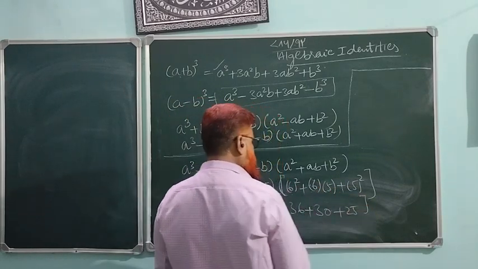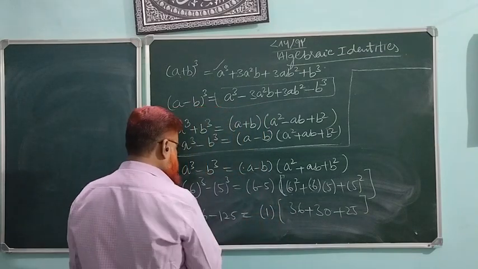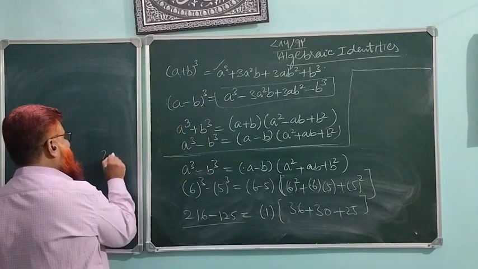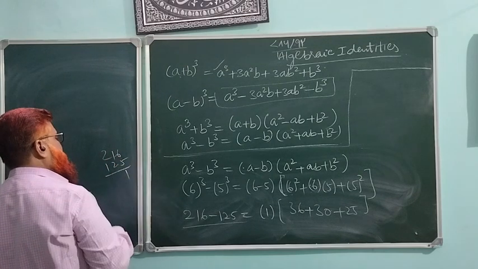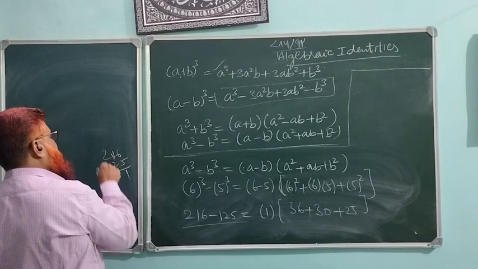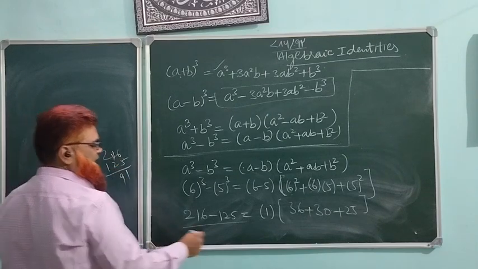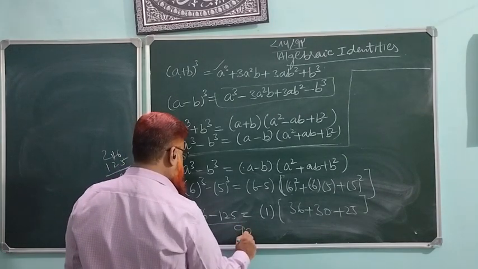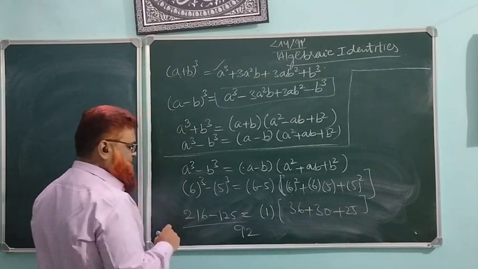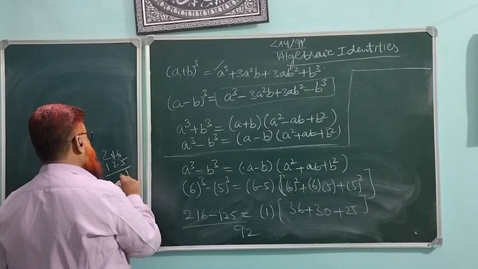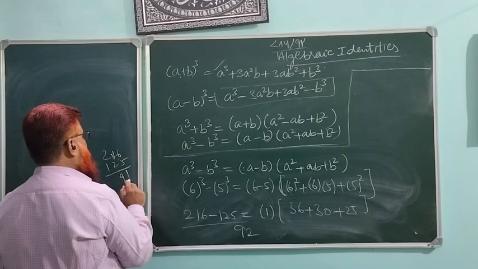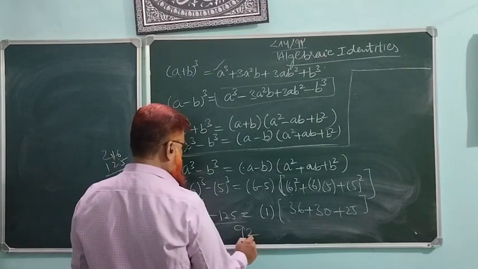Alright. Now see that one. What is the difference between 216 and 125? 6 minus 5 is 1. 11 minus 2 is 9. So it is 91. Alright, 6 minus 5 is 1, 11 minus 2 is 9, so we have this one.